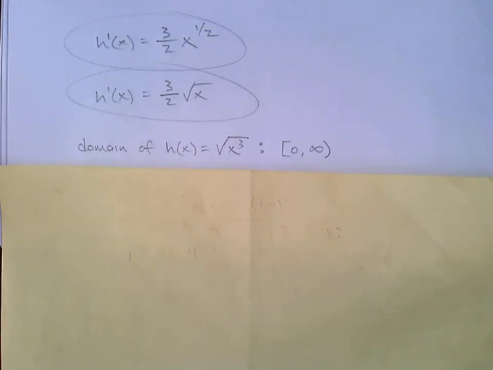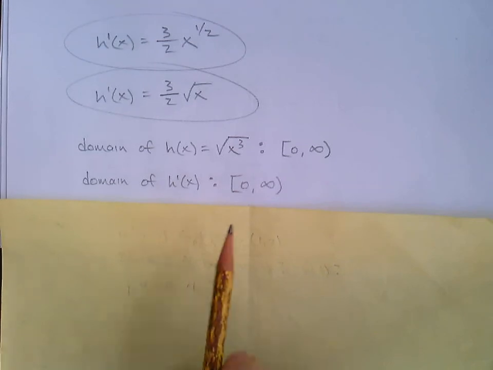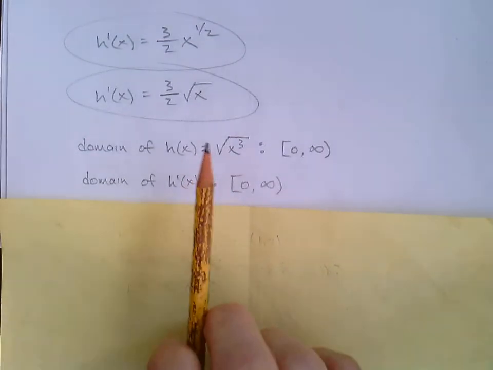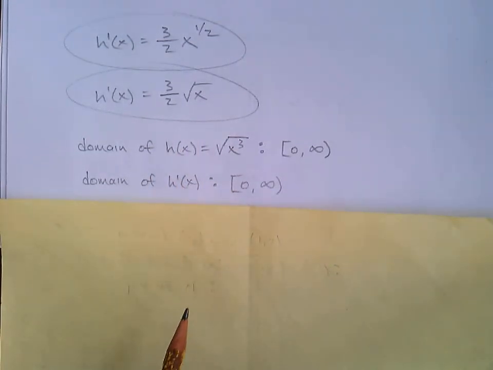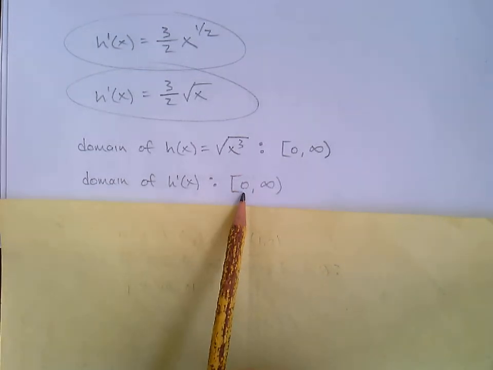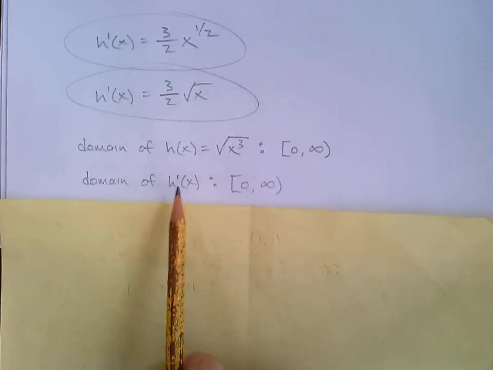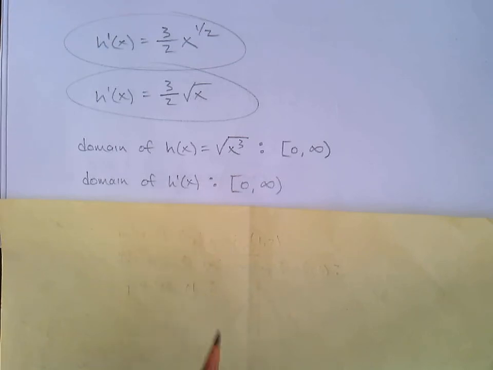What's the domain of h prime? And it matches, because that would be from 0 to infinity as well. So it's not a surprise that when we perform our derivative, values of x that were not allowed in the original are not allowed in the derivative either.